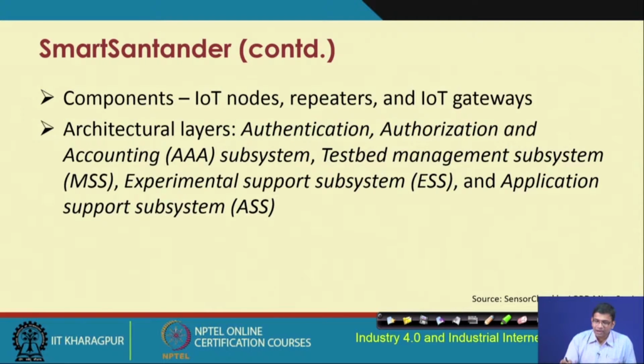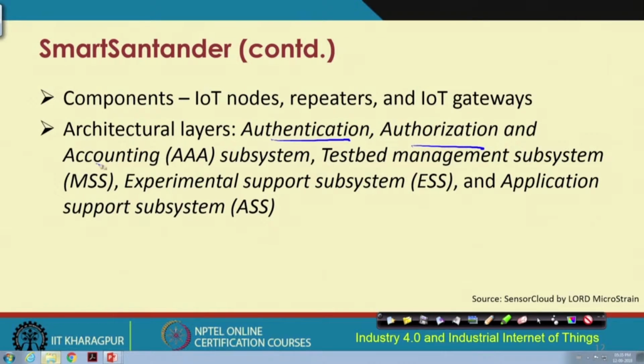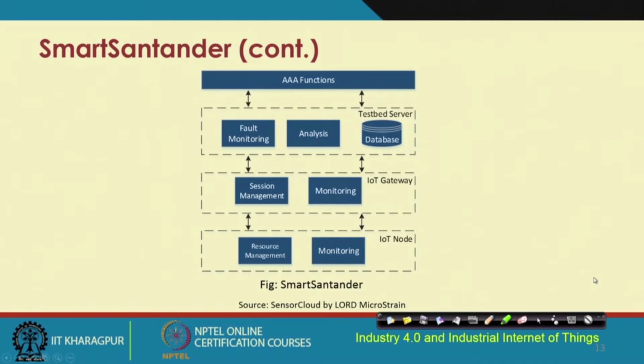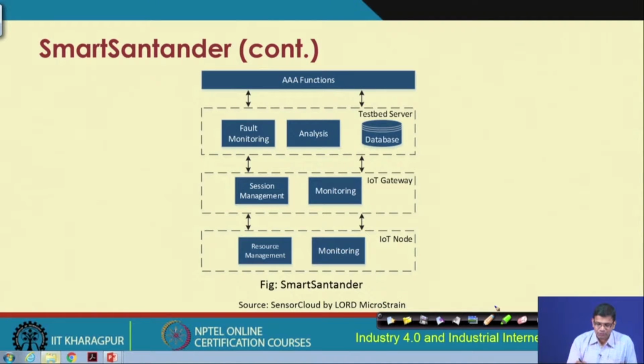And it has different architectural layers such as authentication, authorization, accounting, test bed management subsystem, experimental support subsystem and application support subsystem. Each of these subsystems has its own functionalities, and this particular work talks about the involvement of all of these different components to arrive at a common solution.